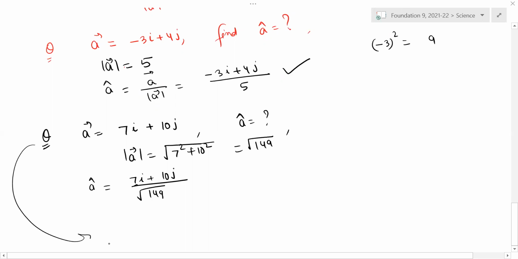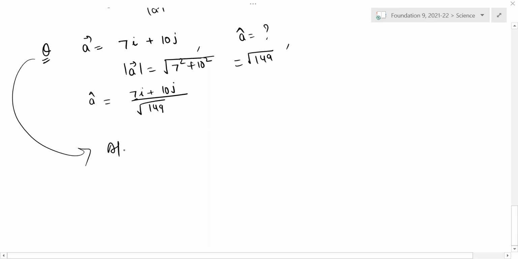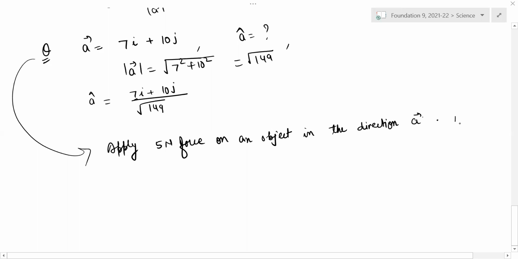In this question, if I say apply 5 Newton force on an object in the direction of A vector, there is already a direction existing. Represent it in vector form.